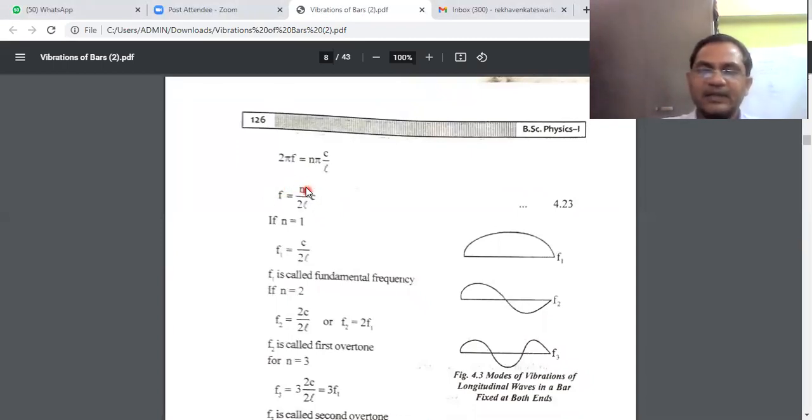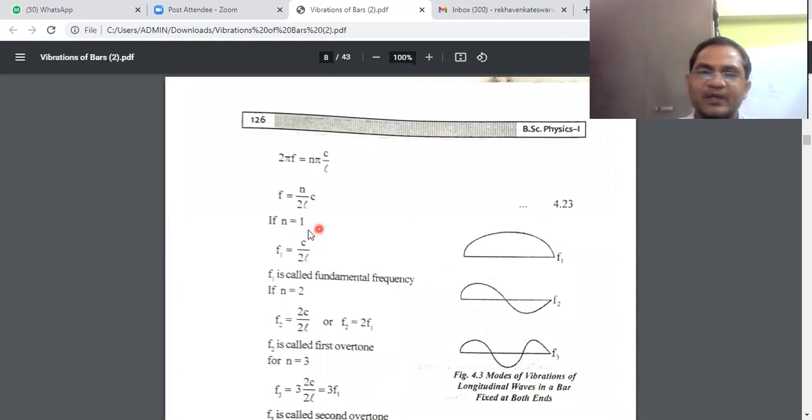Here n represents the number of waves. If n is equal to 1, then f1 equal to c by 2l. If n equal to 2, we can observe one crest and one trough. If n equal to 3, you can observe 3 ripples.